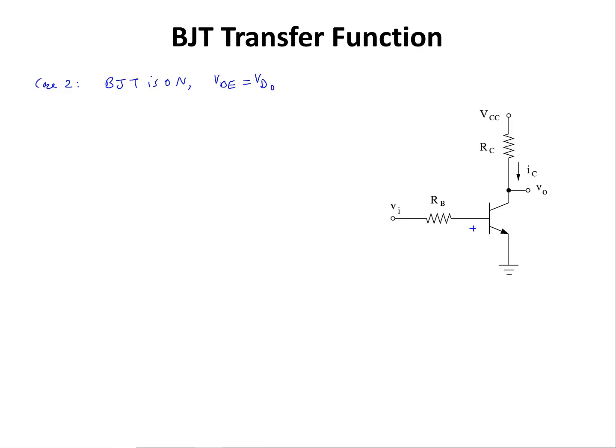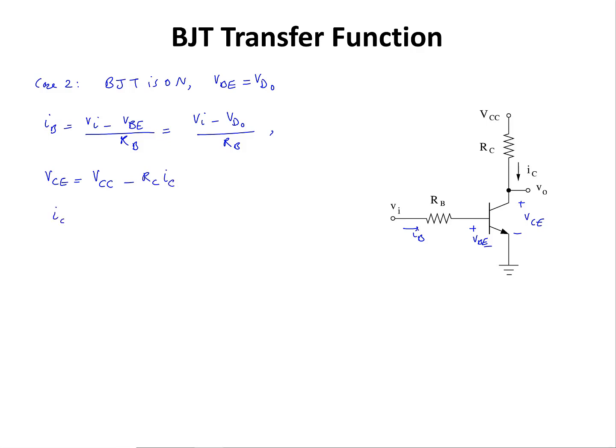From the base emitter KVL, I base is equal to Vi minus VBE, which is equal to VD0, divided by R base. And from the collector emitter KVL, I have VCE equals to VCC minus RC times IC.